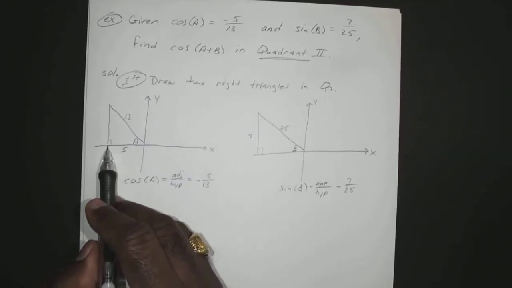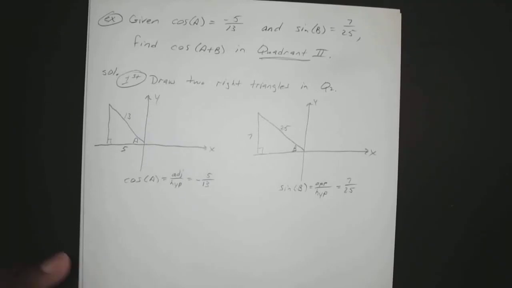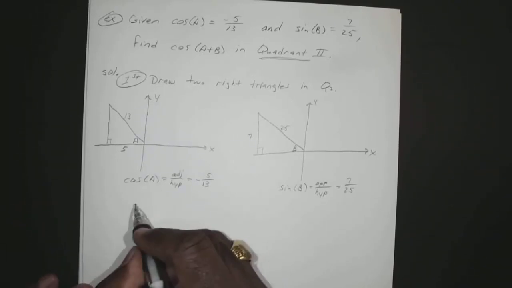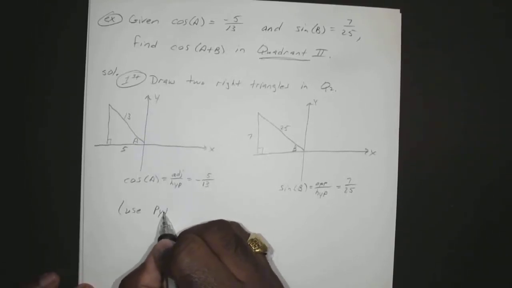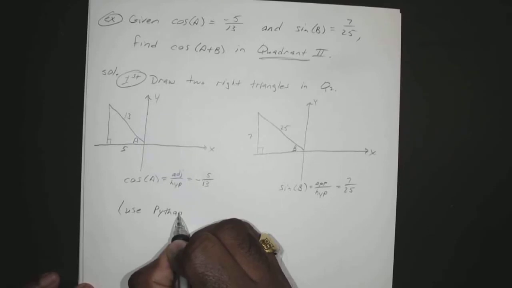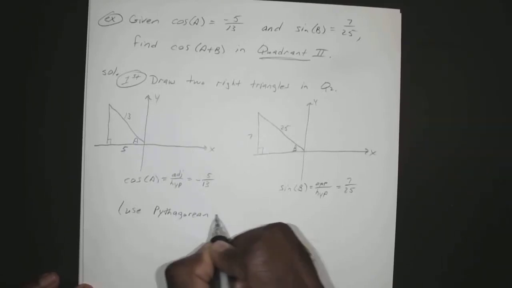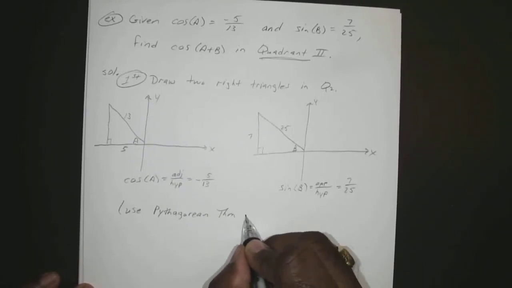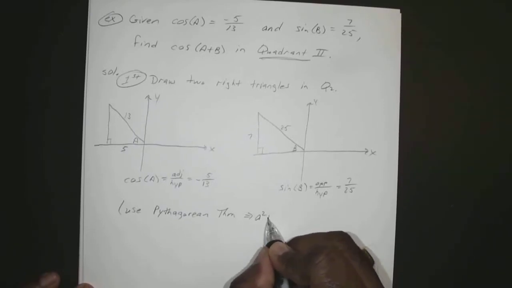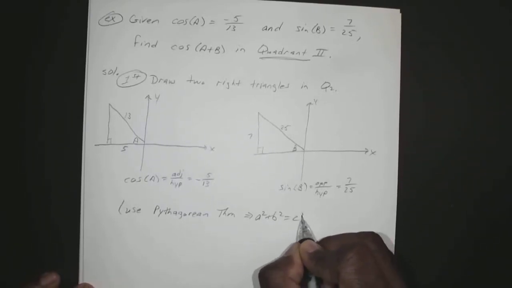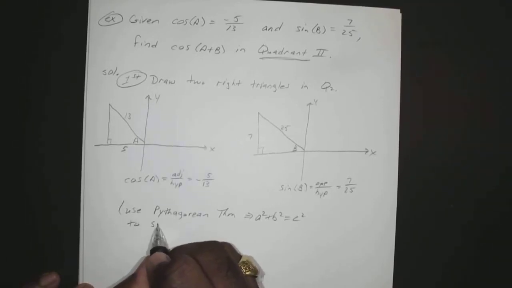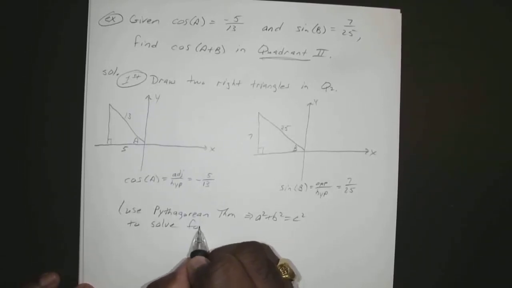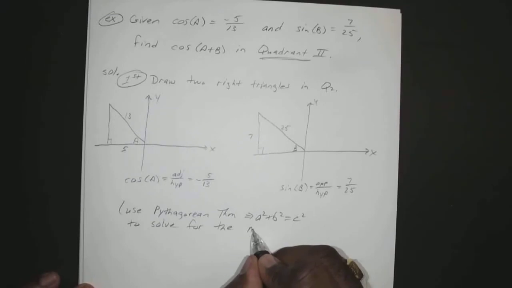Okay, so here we have a right triangle, which means we can use our a squared plus b squared equals c squared to solve for our missing side. So use Pythagorean theorem, a squared plus b squared equals c squared, to solve for the missing sides.